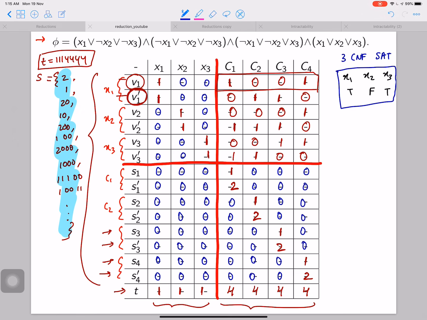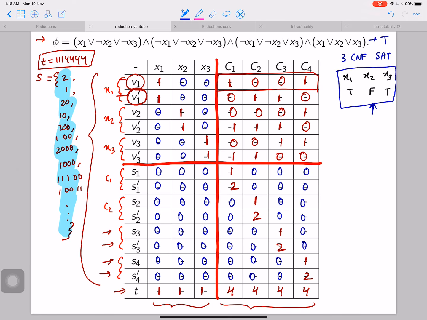Not only am I making a claim that the 3 CNF set has a solution, I am also providing a solution for that. You can check that this indeed makes the entire equation true. Now I say that if this 3 CNF set has a solution, then the equivalent subset sum will have a solution. And I'll not only show that the equivalent subset sum has a solution, I'll find the solution for you, knowing this assignment.